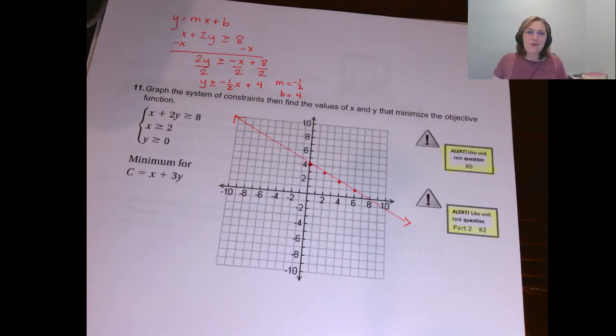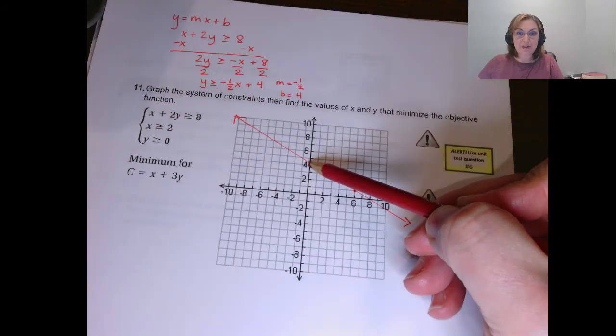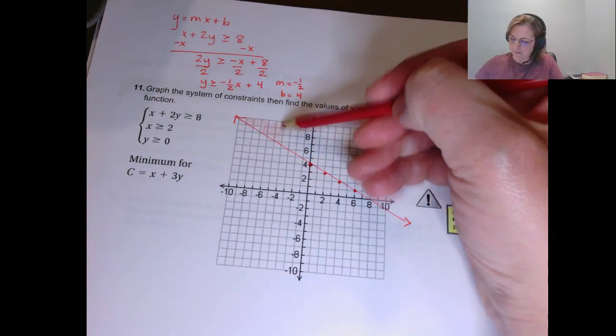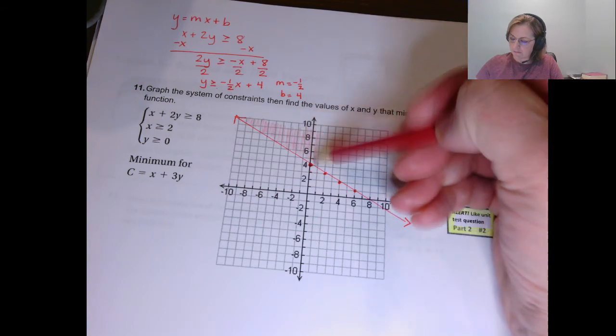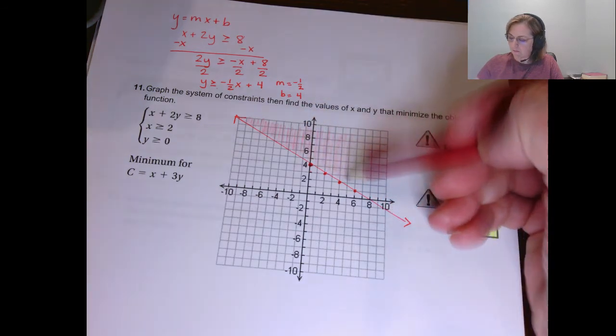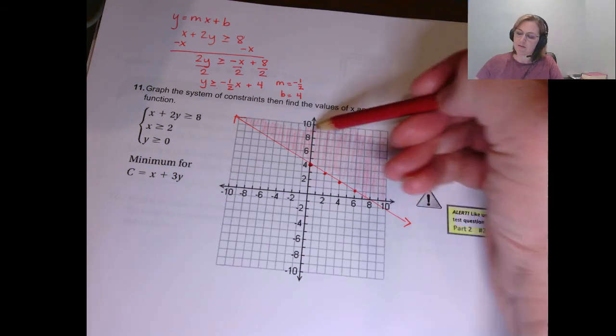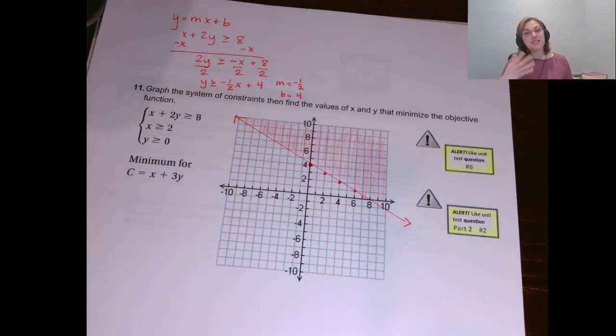So we're told that y is greater than or equal to, so that means we're going to the y-intercept and we're going to shade above. So let's do that. Okay, that takes care of that inequality.